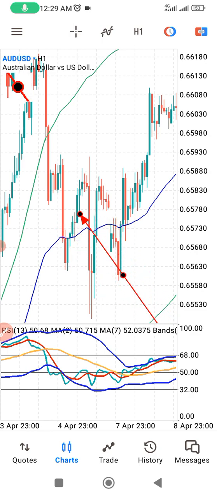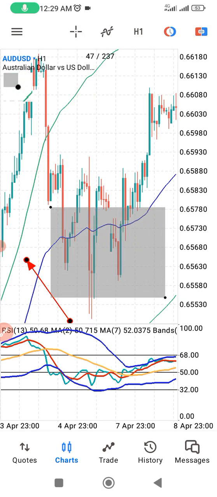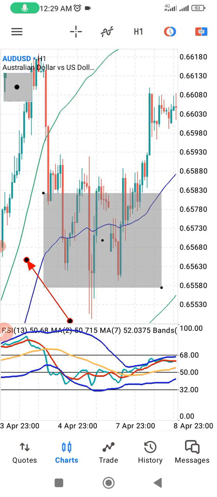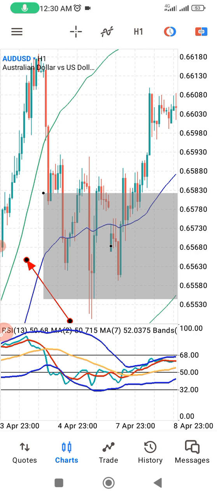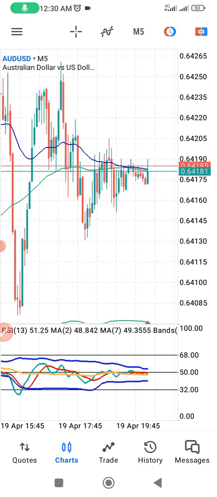Then what else do we look for? Once price pulls back into this moving average, we want to see a candlestick pattern or a chart pattern. Here price has pulled back into our moving average, so we can cite this on the M5 time frame. So we now move back to our M5 time frame.